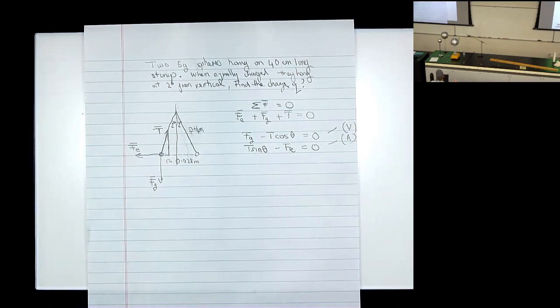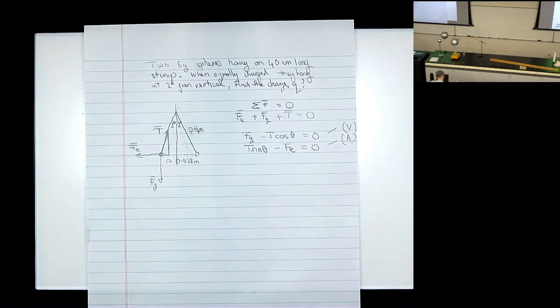So there's two forces acting vertically, and they're equal and opposite. The gravitational force downwards is balanced by T cosine theta, the piece of tension that's upwards. Fg is positive, T cosine theta is negative, because they're in opposite directions, because they're balancing one another. The same idea applies to this second equation.